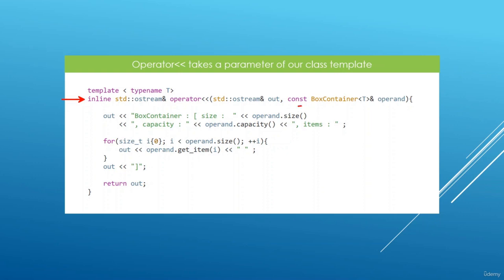It is going to take a parameter of our box container and it is going to be working on it. But so far we have been avoiding setting this guy as a friend because that would expose us to problems we weren't ready to deal with. And we're going to start looking at those problems starting in this lecture here or the next one.